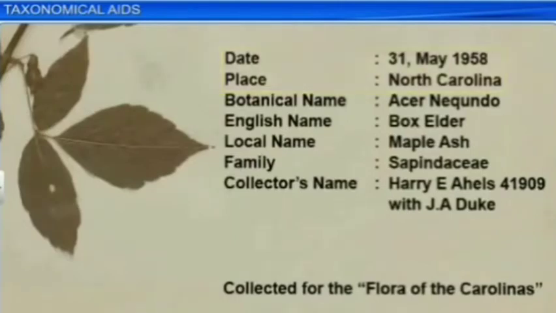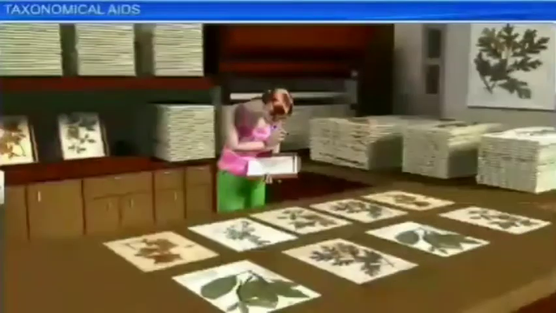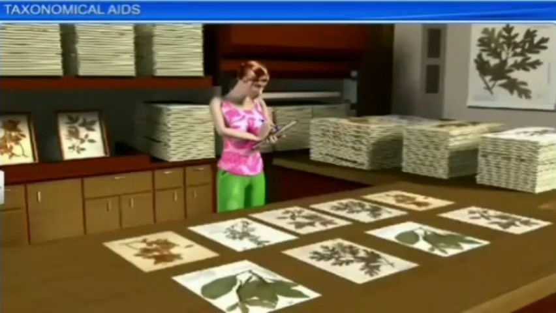Details like the date and place of collection, the English, local and botanical names, the family of the specimens and the collector's name are also recorded. These herbarium specimens are often used as reference material in taxonomic studies.